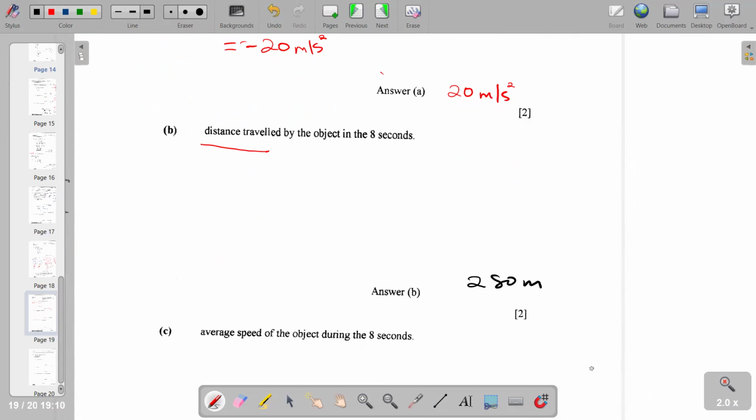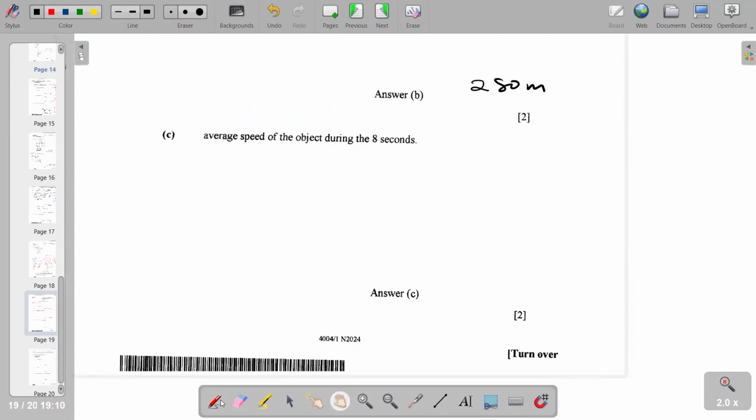Then the last part is asking you the average speed of the object during the 8 seconds. So you are asked the average speed. You have to know that we have distance, speed, time. So speed is equal to distance covered divided by time taken.